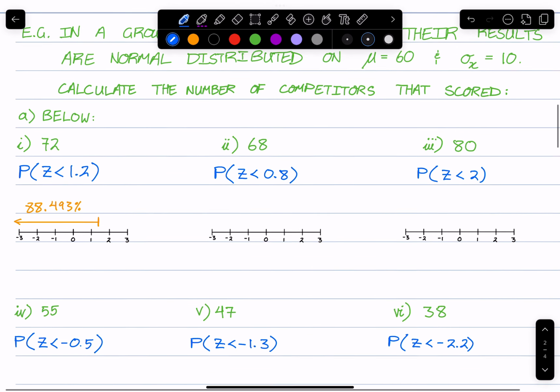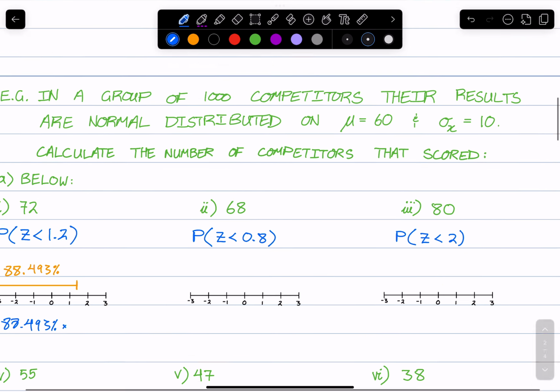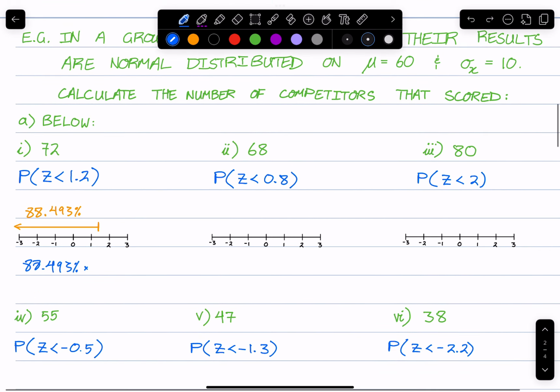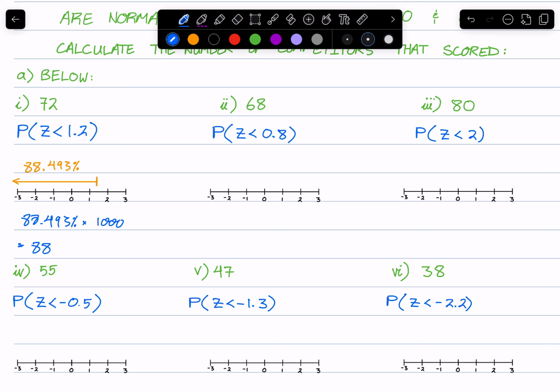And now obviously we're going to take that number, 88.493%, and multiply that by that 1,000 here. So calculating that, 88.493% times 1,000 gets us 884.9, which I'm going to round up to 885.